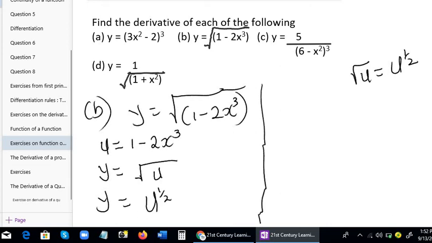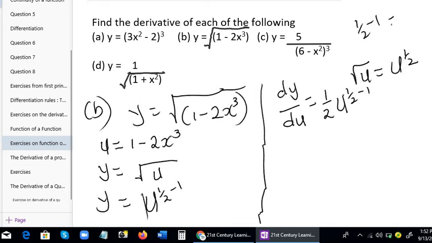So let's differentiate in respect to u. dy/du will give me half times an invisible 1. Half times 1 will give me 1 over 2 u, then minus 1, like always, subtract 1 from that power. So 1 over 2 minus 1 will give me minus 1 over 2.